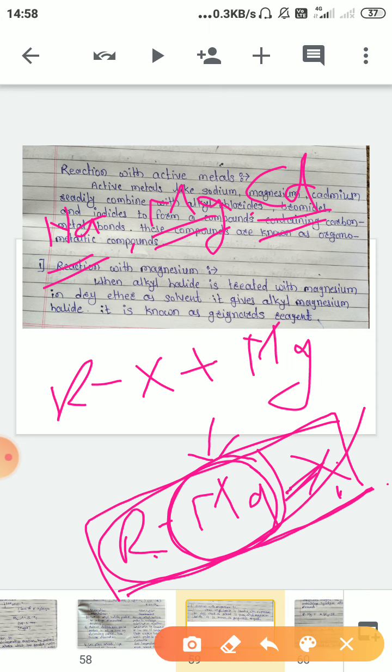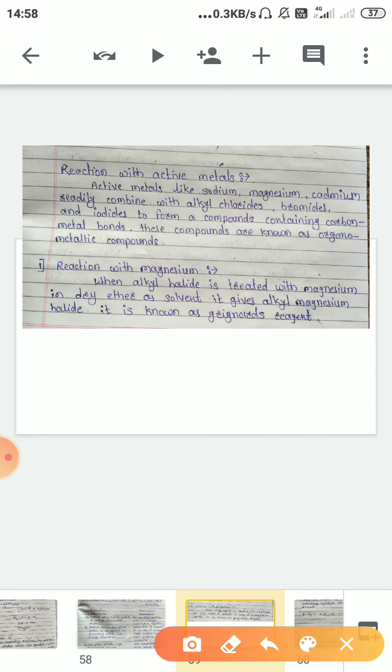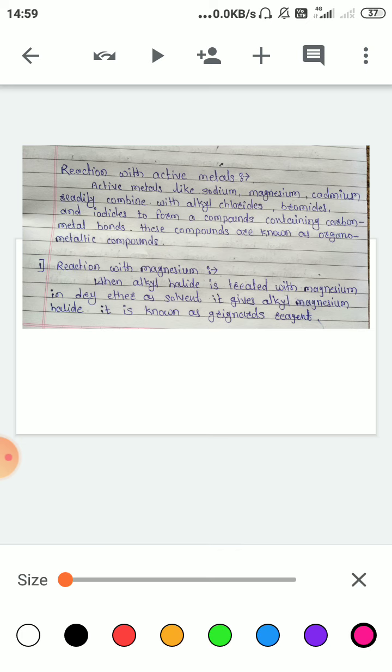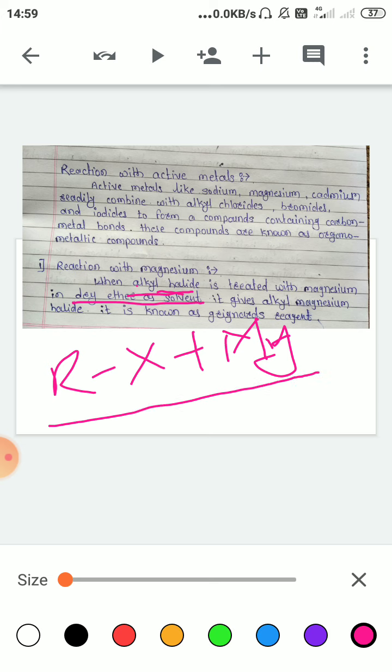First we will see the reaction with magnesium metal. We just have to recall this reaction as we have seen it in 11th standard. When alkyl halides are treated with magnesium metal, one reaction condition we have to remember very carefully: in presence of dry ether as a solvent, that is an organic solvent.